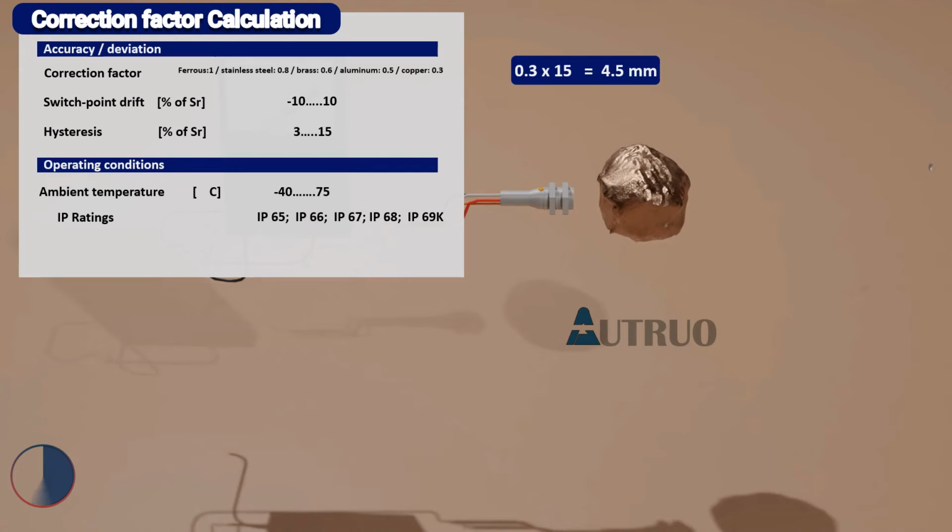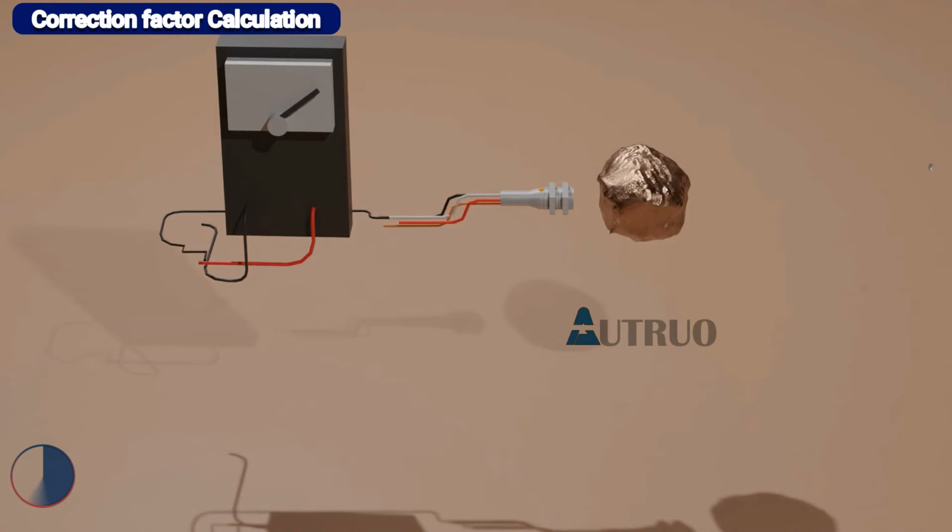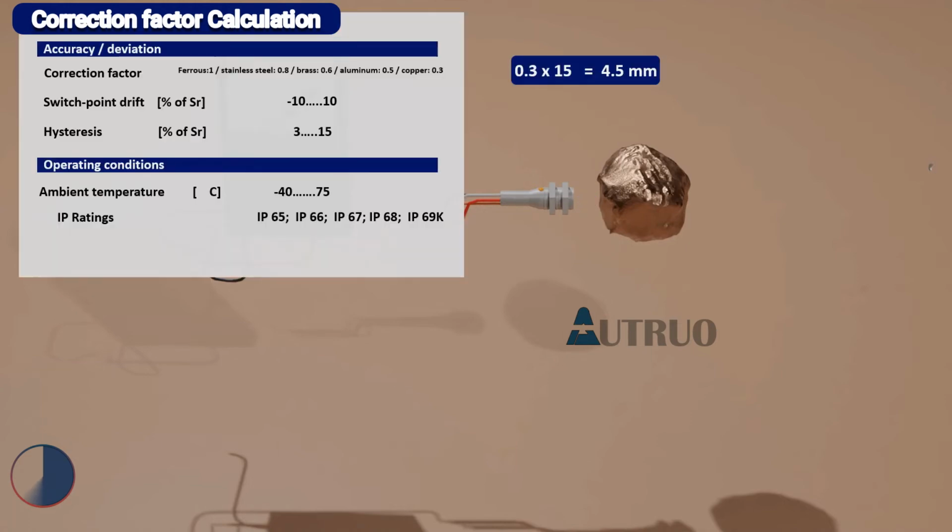So if we want the sensor to be able to sense copper metals, the sensing object should be a little bit closer to the sensor. And in this case, the distance between the sensor and the sensing object is 4.5 mm. The same calculation can be repeated for the other sensors.